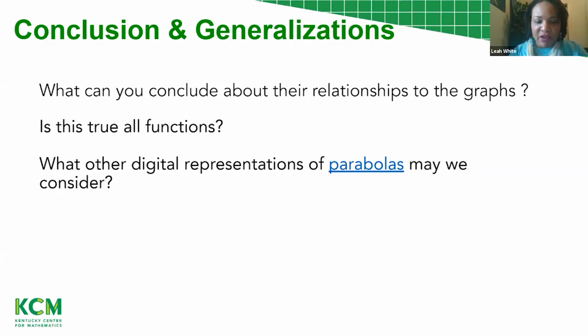And how did your examples change your graph, and in what way? So there's lots of different conversations you can have kids participate in digitally, in a chat or in a Google Meet, just to have conversations about what they see and observe with the manipulating of the graphs.